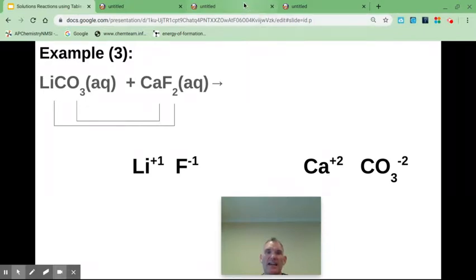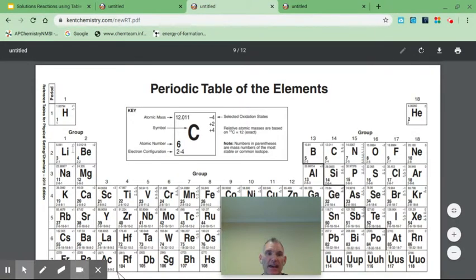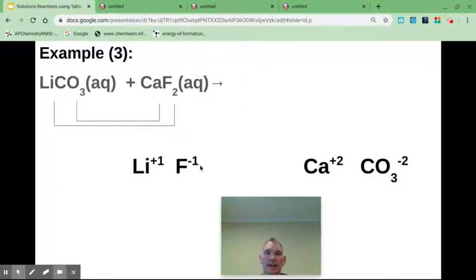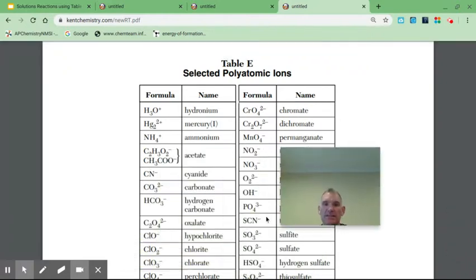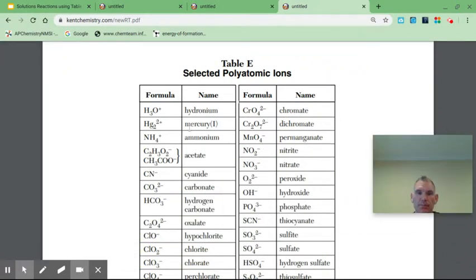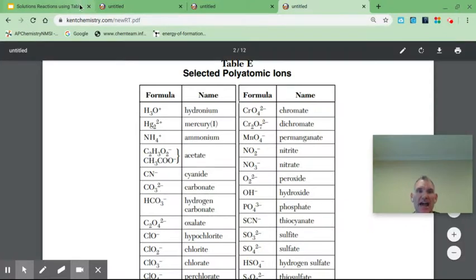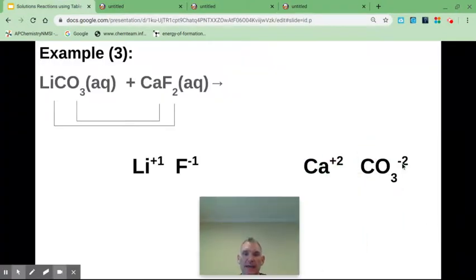Li is +1, Ca is +2, and F is -1. CO3 is going to be on table E. It's right here. It's going to be -2. So that is where these numbers came from.